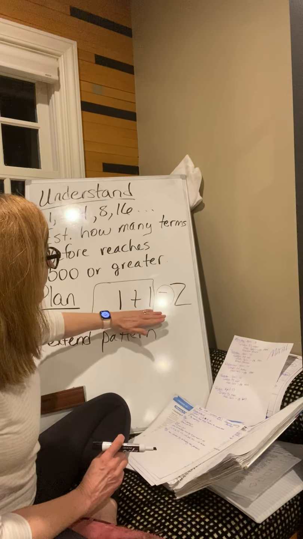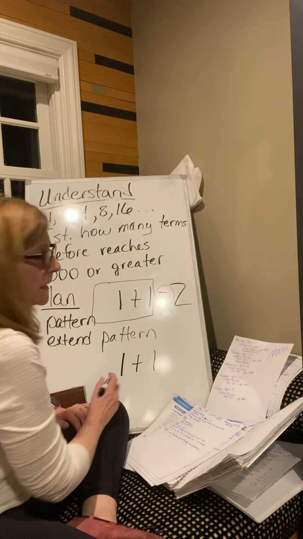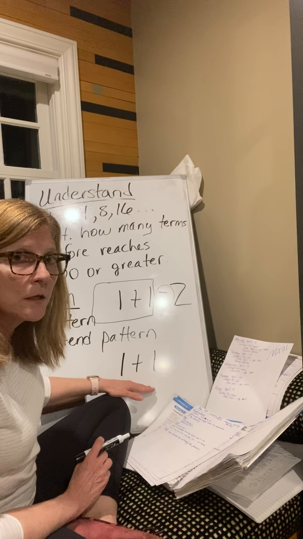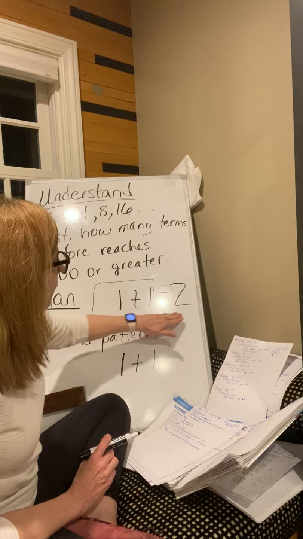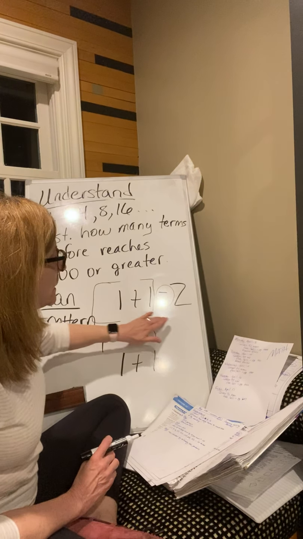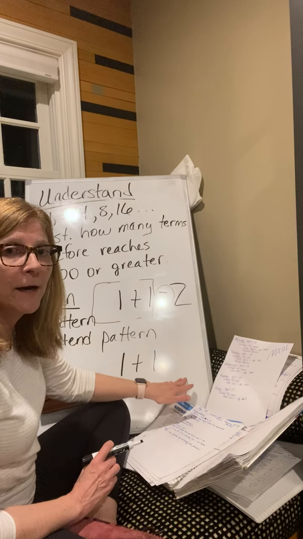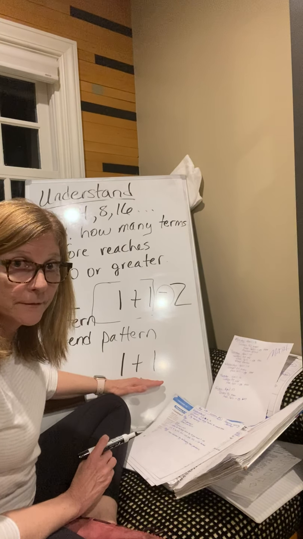So if we just had 1 plus 1, that would be an expression. It's not an equation because it doesn't have an equal sign. So the whole thing is an equation. When you have numbers with a mathematical operation without an equal sign, it's an expression.